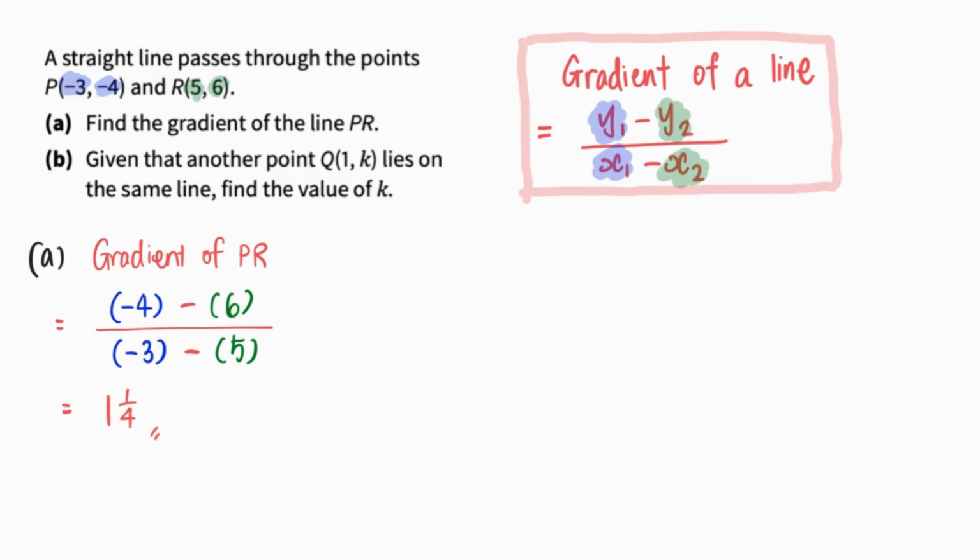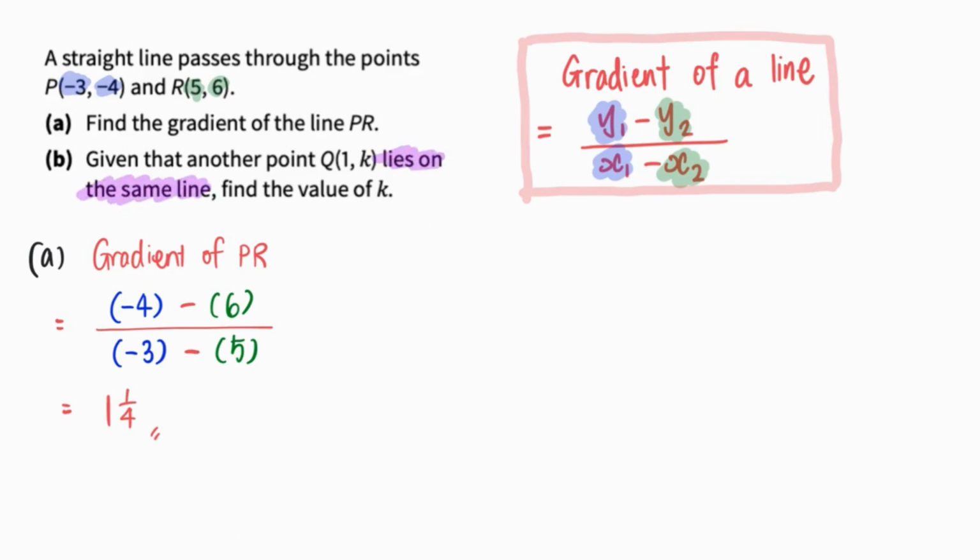For part B, given that there's another point that lies on the same line, find the value of K, where K is one of the coordinates of this point Q. Now, this is a very important clue.